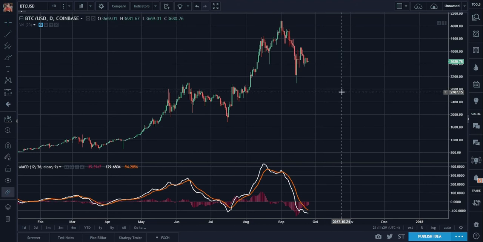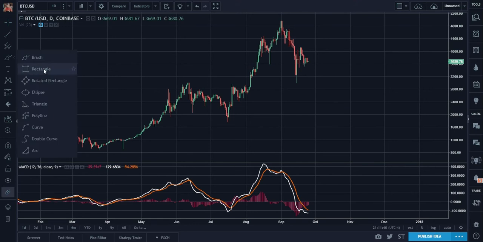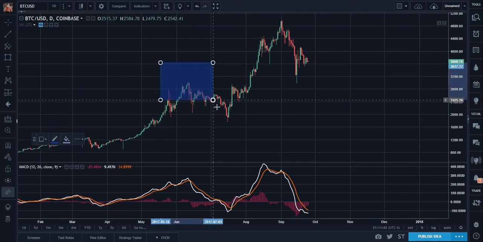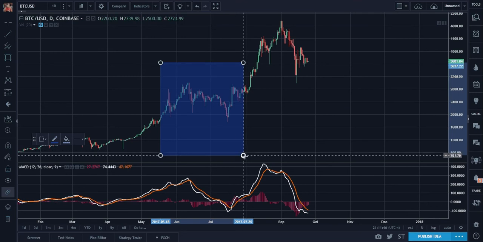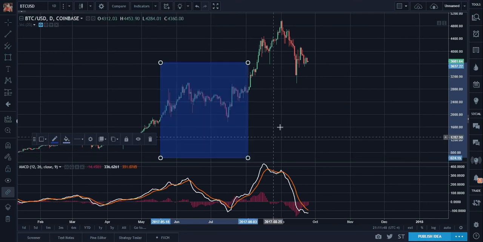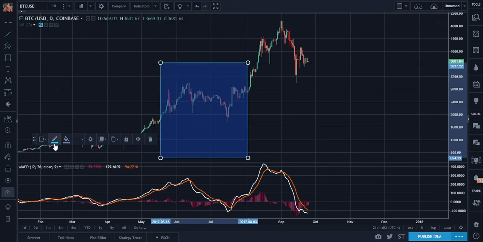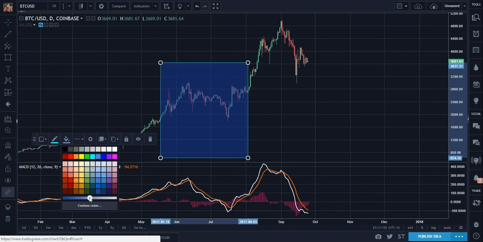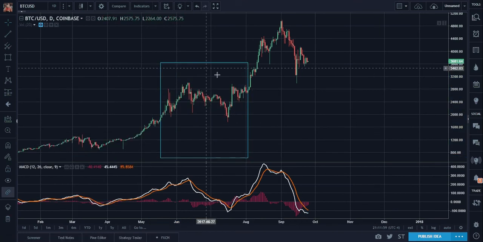The other fractal that I'm seeing is, let's take a look at this box.